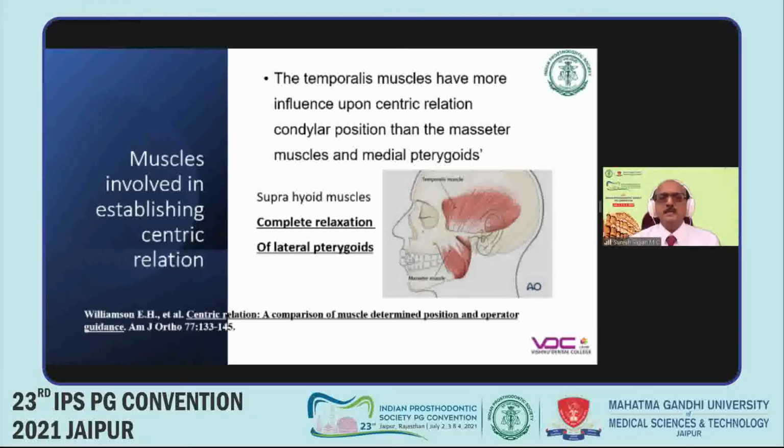The masseter muscles and the medial pterygoids also play a role because they are elevator muscles and they are angled forwards, so they try to pull the mandible into a slightly forward position. But at the same time, what we want to achieve is complete relaxation of the lateral pterygoid muscle. That is the most important to achieve, because any stimulation to the lateral pterygoids is going to pull the mandible forward and displace it from the glenoid fossa. So we need to be very careful in assessing the centric relation.